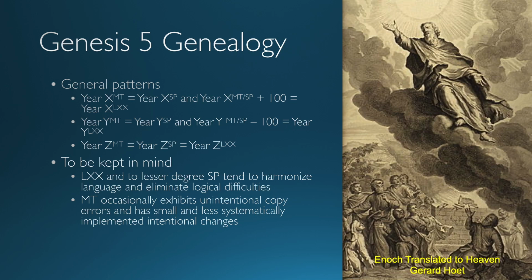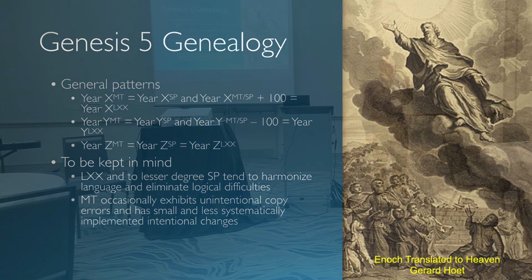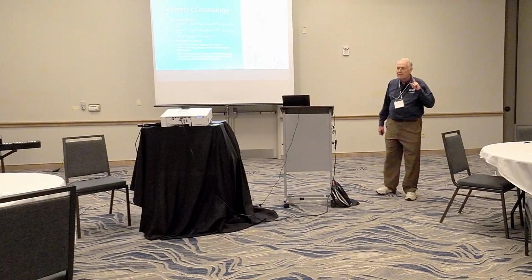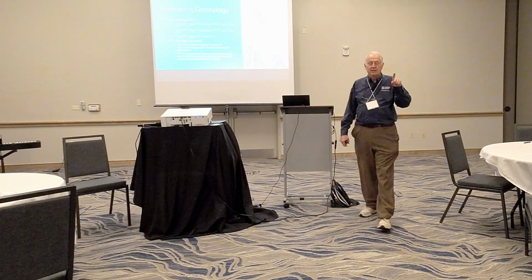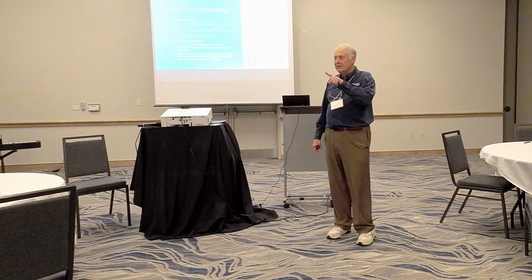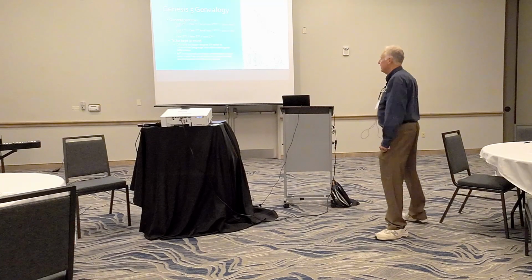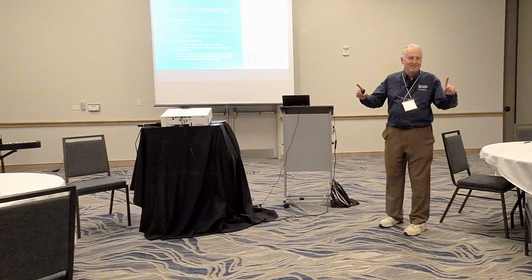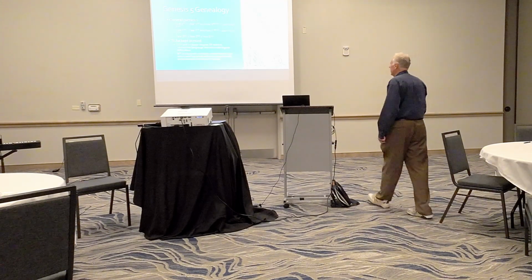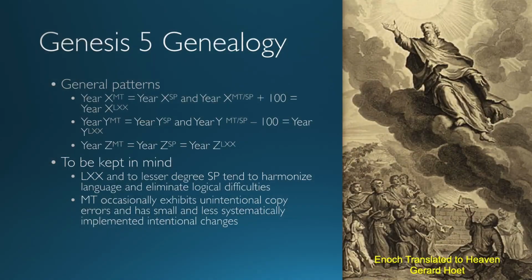So it looks like there's some intentional tampering going on here with the text. What's going on? Now remember, it's the Septuagint that tends, more than the other two, to do intentional tampering with the text. Keep that in mind. That's why we had to go through all that other stuff. You've got to keep the tendencies in mind. The Septuagint, and to a lesser degree the Samaritan Pentateuch, tend to harmonize language and eliminate logical difficulties.